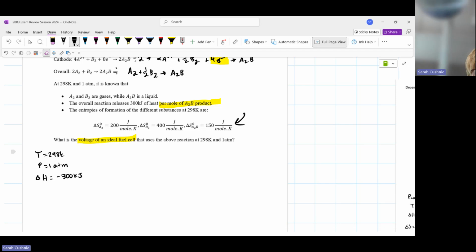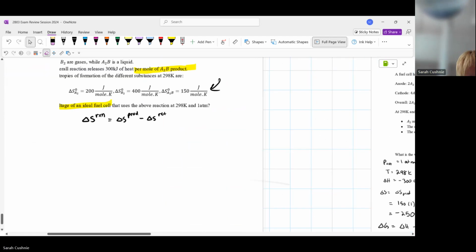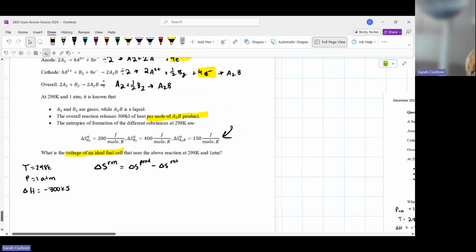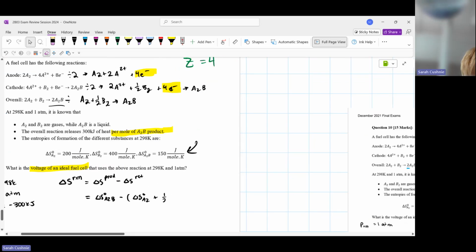So if we want to find the overall entropy change, we can say delta S for the reaction is equal to delta S for the products minus delta S for the reactants. So the products are going to be A2B. So that's going to be delta S A2B minus delta S A2 plus 1/2 delta S B2.